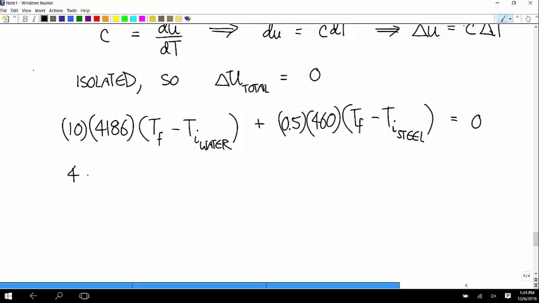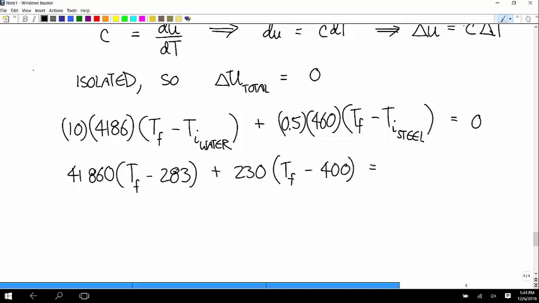So 41,860 times T final minus 283, plus 230 times the quantity T final minus 400 equals 0.